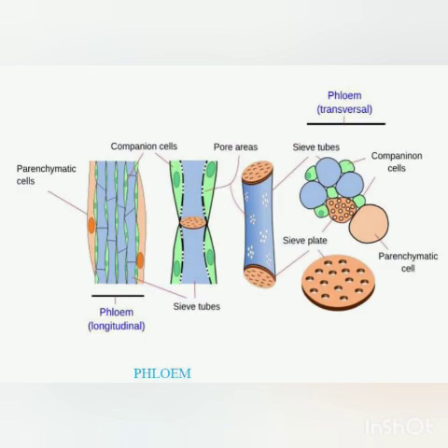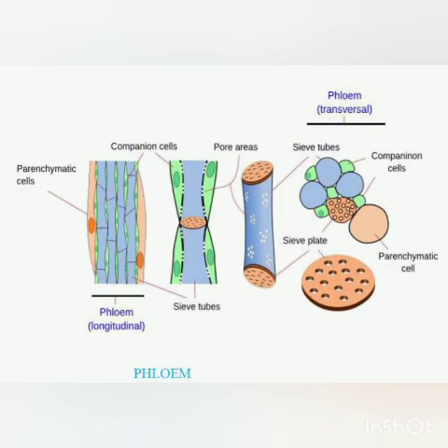Sieve tubes are tubular with perforated walls. This is the phloem. Now what is the function of phloem? It transports food from the leaf to other parts of the plant. In phloem, all the cells are living except phloem fibers.